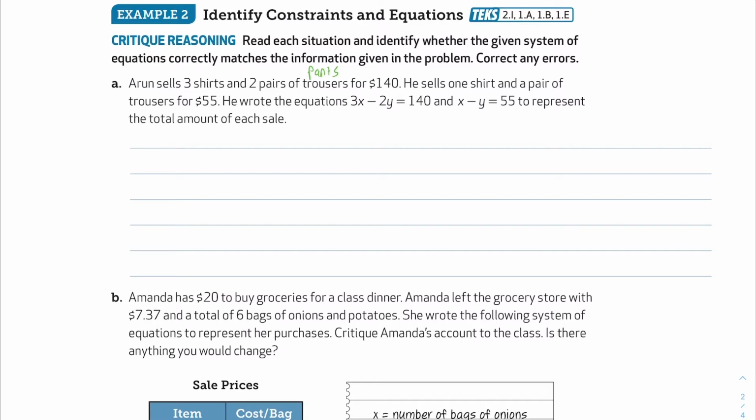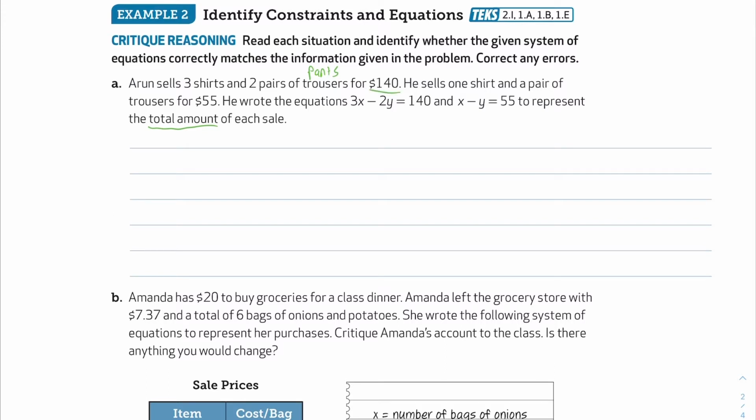He also sells 1 shirt and 1 pair of pants for $55. The equations he wrote were 3x minus 2y equals 140 and x minus y equals 55. He did that to represent the total amount of each sale. So look at this keyword, total amount.